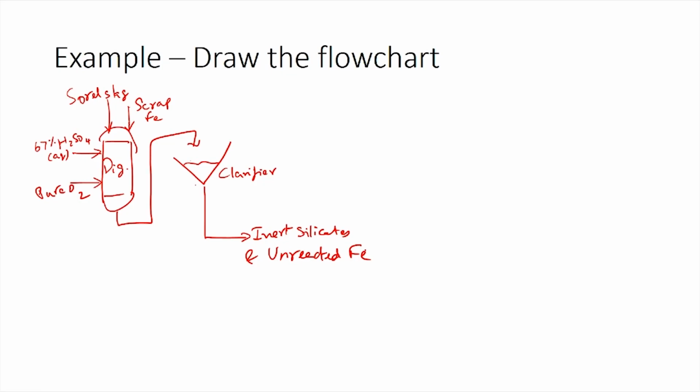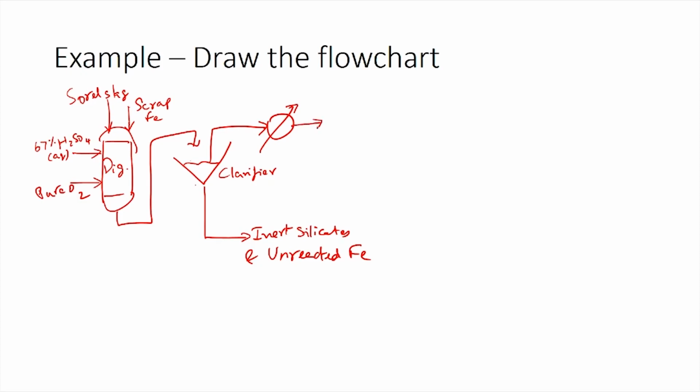The next step is that the solution of TiOSO4 and FeSO4 from the clarifier is cooled, which causes the crystallization of FeSO4. So, you have a heat exchanger and a crystallizer which cools it and crystals are formed.